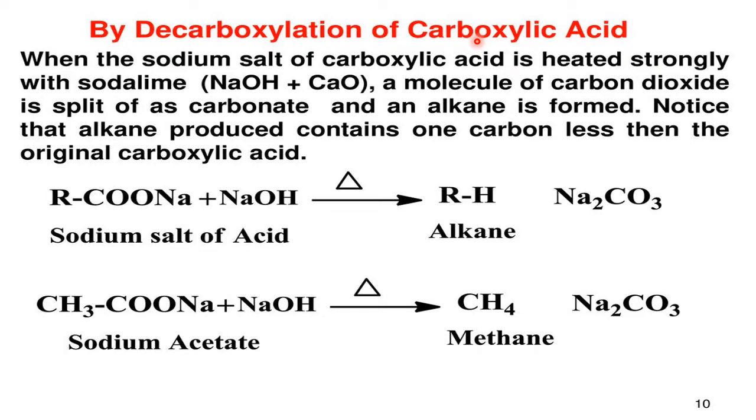Here I have taken RCOONa. R is any alkyl group. COO is the carboxyl group. Here it was H; if it is H, it becomes carboxylic acid. Replace H by any metal, sodium, an active metal. So RCOONa is called the sodium salt of carboxylic acid.